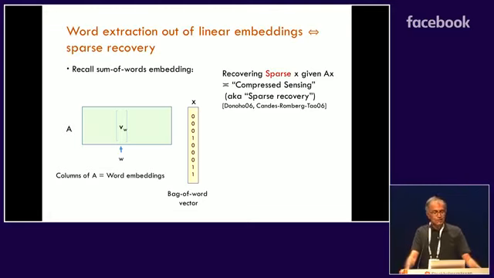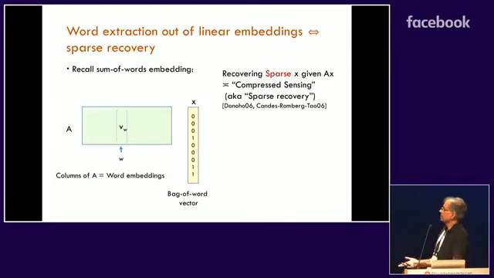So recall the sum of word embeddings. You can do it with the other linear embeddings as well. What is that linear algebraically? It's just a matrix-vector product. The matrix is the matrix of word embeddings. The number of columns is the number of words in your dictionary, let's say 100,000. In the column corresponding to word w, you have the word embedding for word w, v_w.